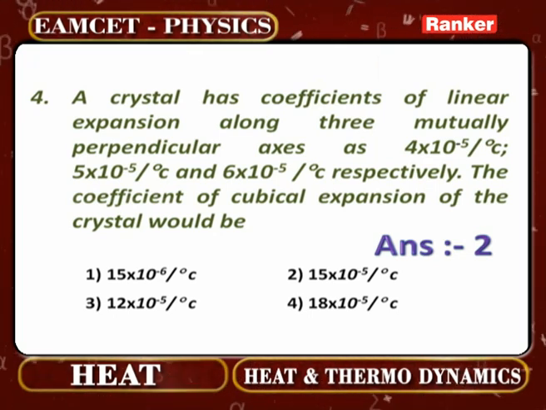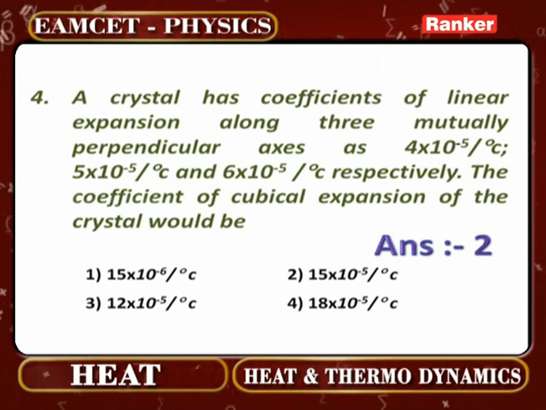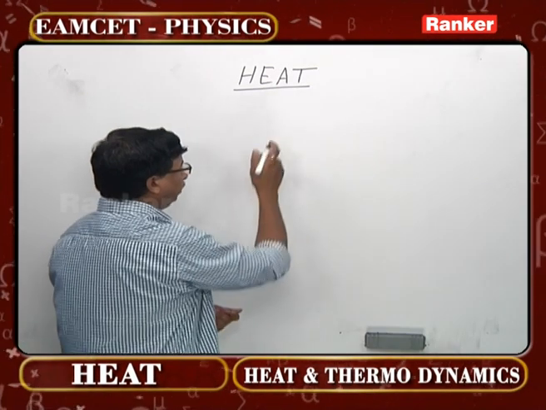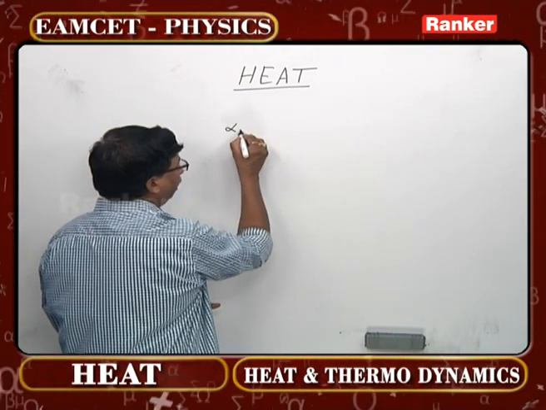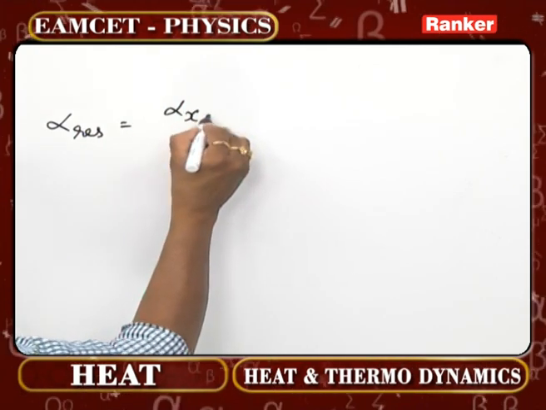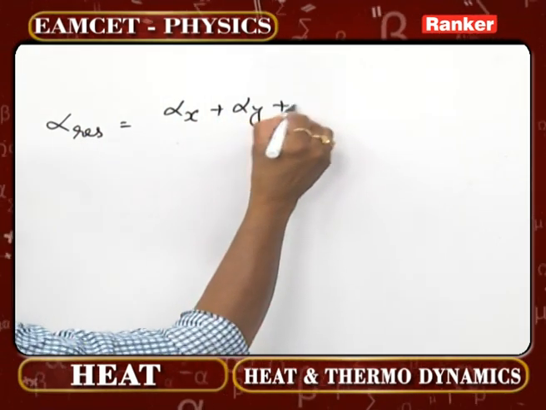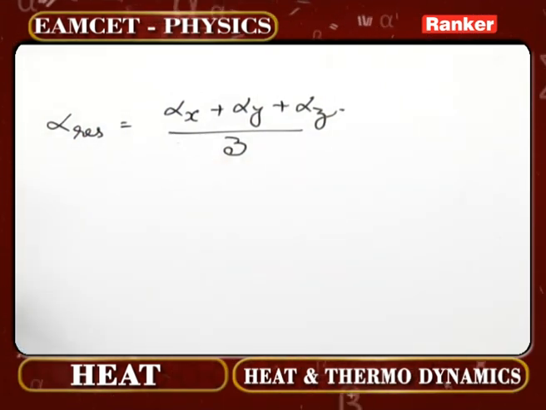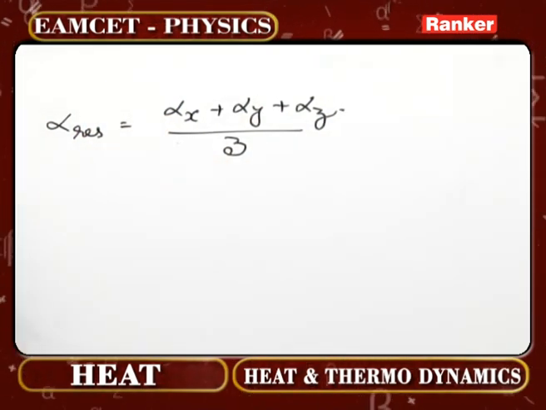One should understand, some crystals expand differently in different directions. In this case, alpha of the resultant system is alpha x plus alpha y plus alpha z by 3, a simple average that gives you the value of alpha.